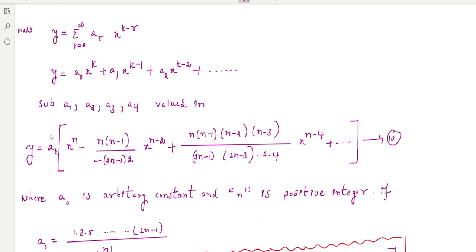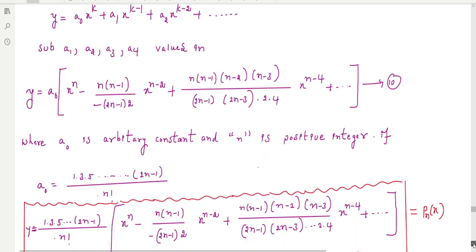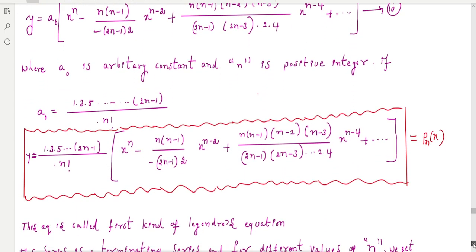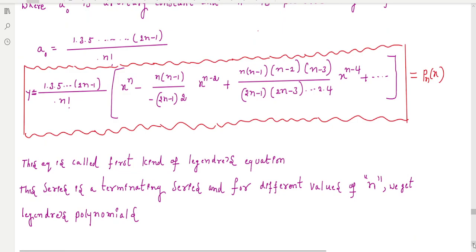you will get equation number 10. This is our first kind of Lagrangian polynomial. Here a0 is an arbitrary constant and n is a positive integer. So this is our a0, 3, 5, and so on to n minus 1 into n factorial. So y equal to this a0 value, and this is our Lagrangian first kind equation.